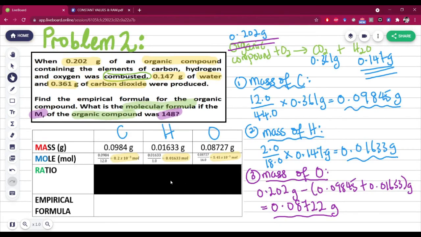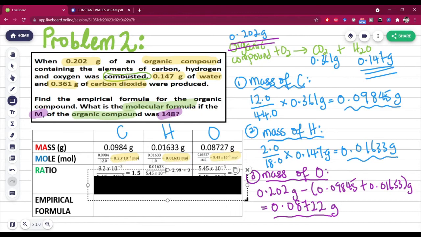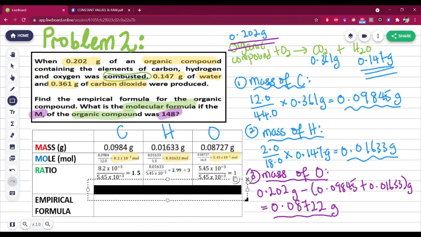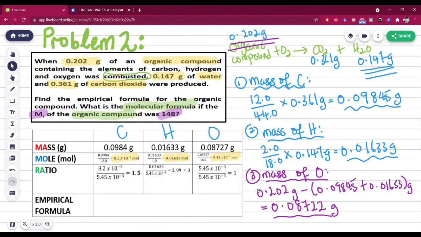Now, next, we're going to find the ratio. So you're going to divide them by the smallest number. Then you get something like this. So when you look at this one, you have 1.5. So the difference between 1.5 and 2.99, this number can be rounded off to 3.